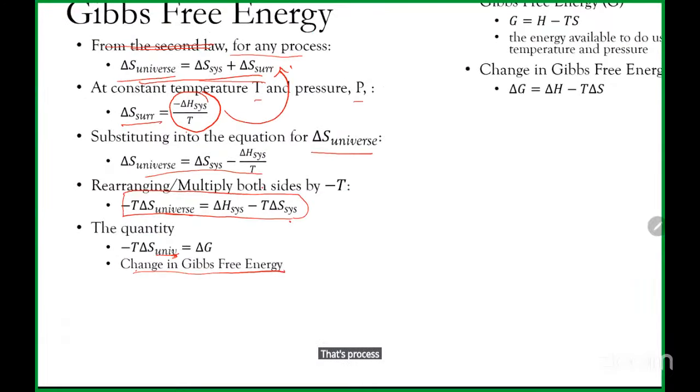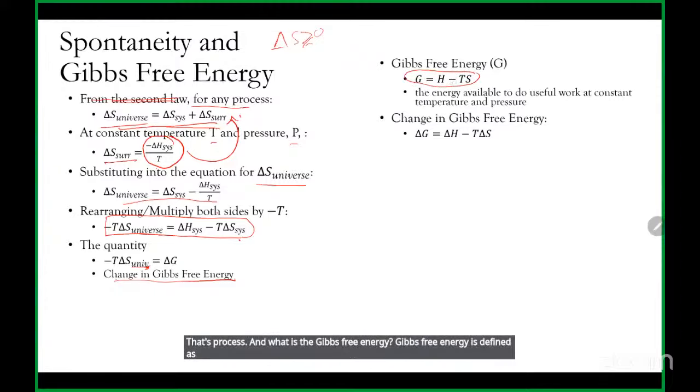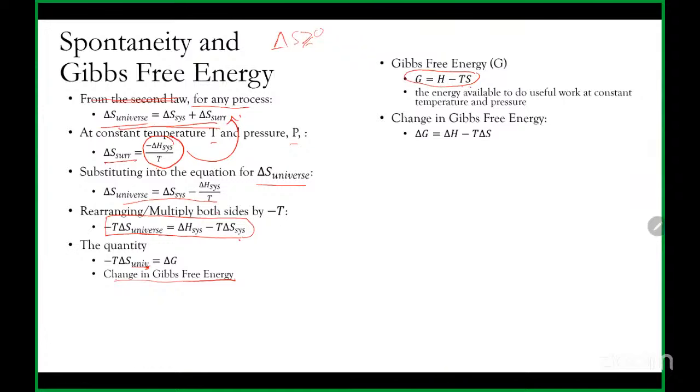And what is the Gibbs free energy? Gibbs free energy is defined as enthalpy minus temperature multiplied by entropy. In words, it is the energy available to do useful work at constant temperature and pressure.